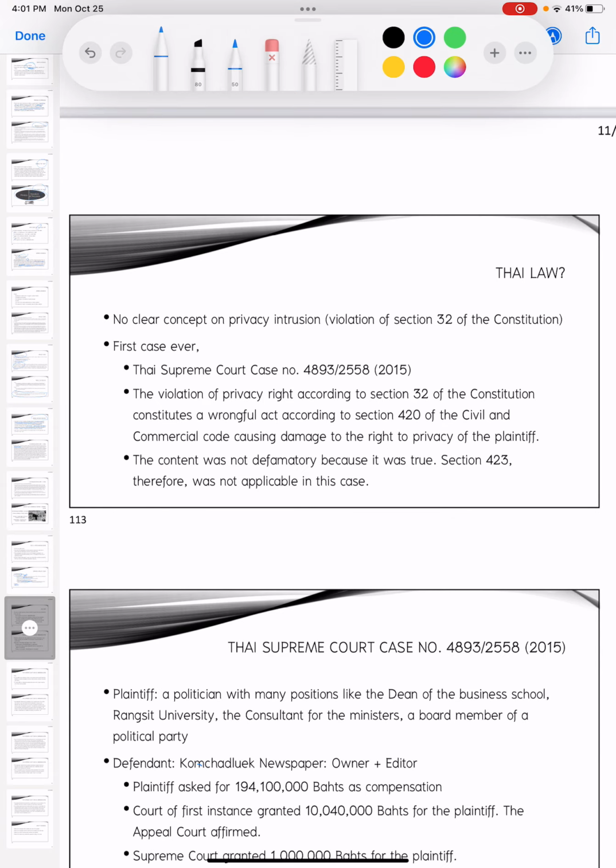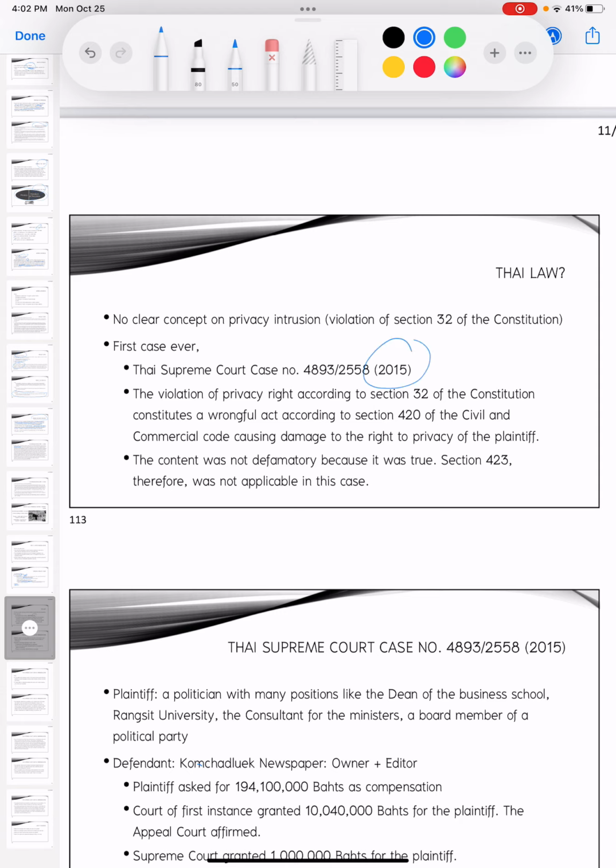So in Thai law, we have no clear concept of privacy intrusion, but that is the case. It's really similar to the previous case, but the subject matter is different. And also the decision or the result of the case is different as well. So this is from the Supreme Court case, the number from back in 2015.